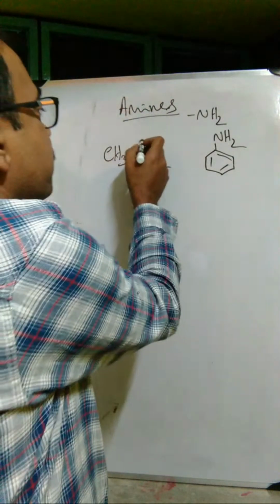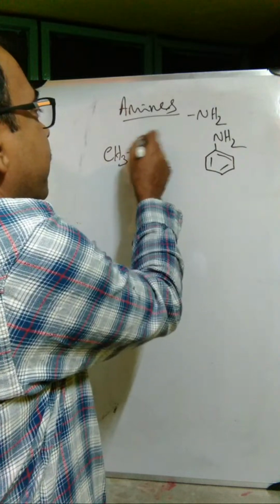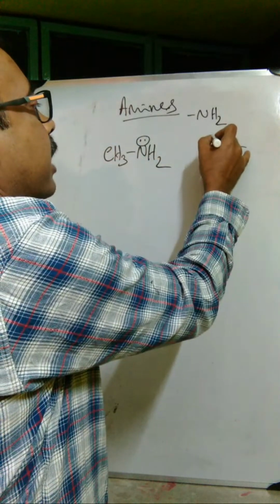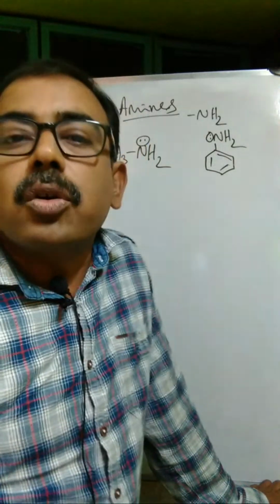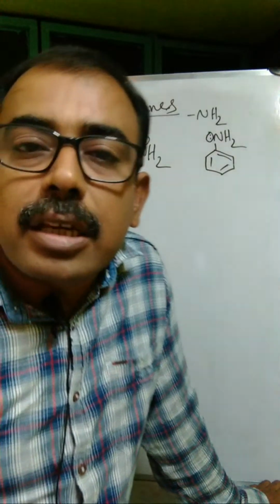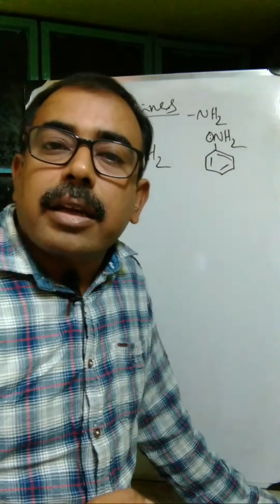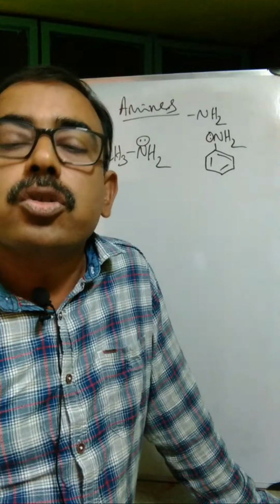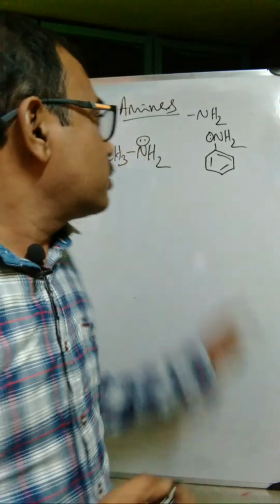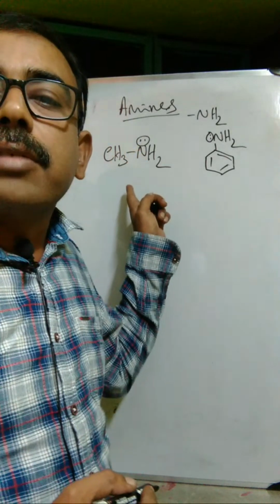Now between an aliphatic amine and an aromatic amine, in both the molecules nitrogen contains a lone pair of electrons. Let us see which one has the greater tendency to donate its lone pair electrons to others. Now we know that the CH3 group has a plus I inductive effect.